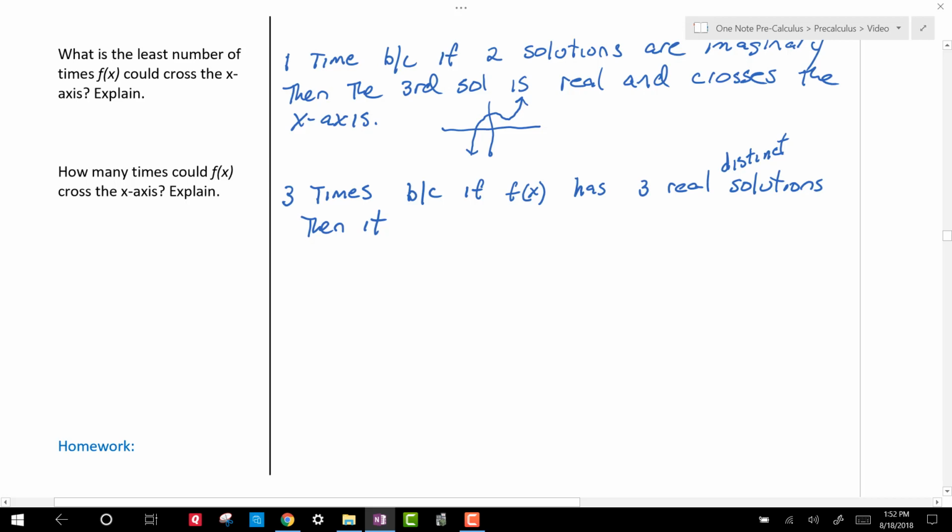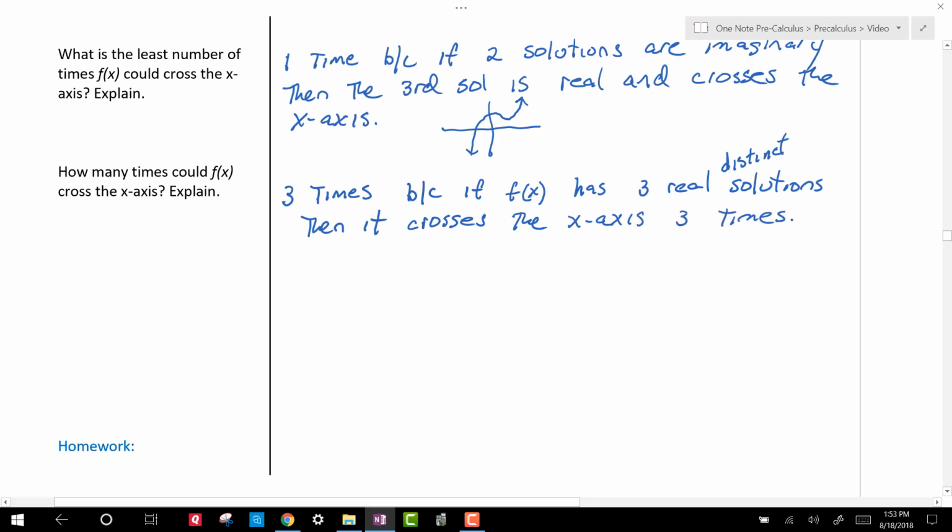So we wouldn't have x equals 1 and x equals 2 and another x equals 2. We'll talk about this more in some of the upcoming lessons. But if it's got 3 distinct real solutions, then it crosses the x-axis 3 times.